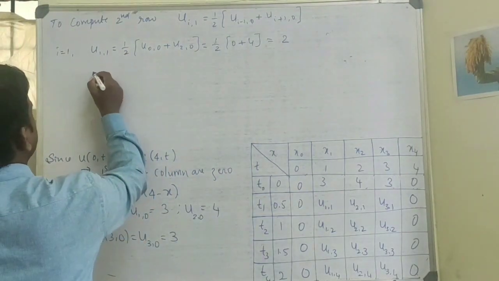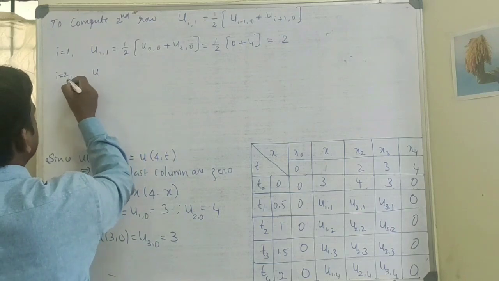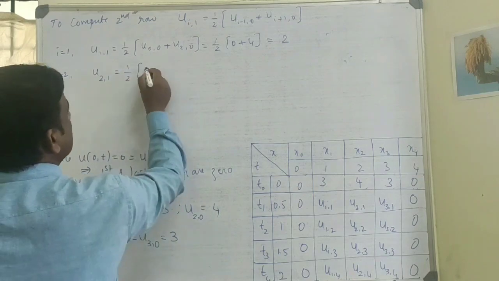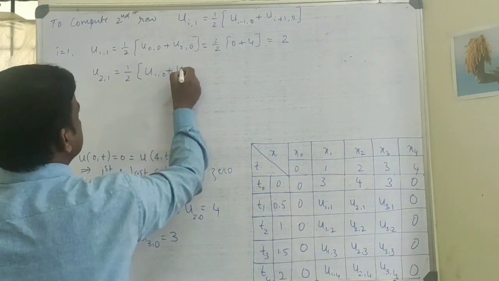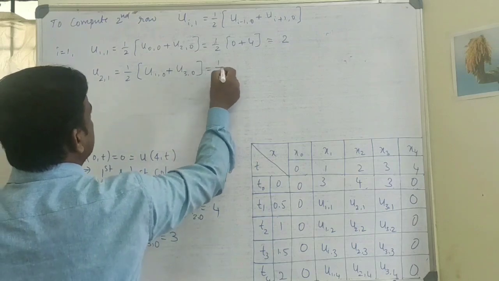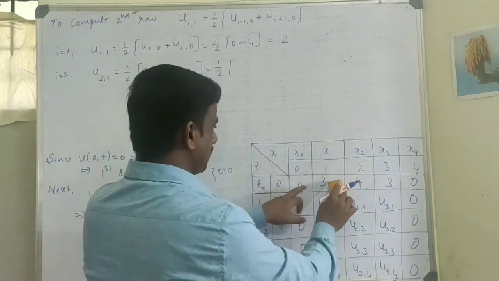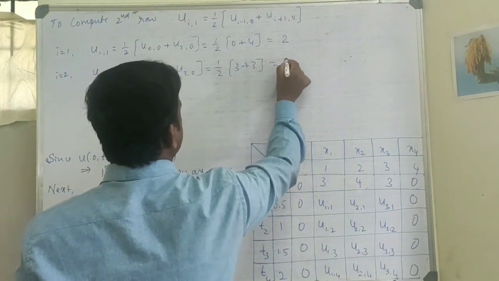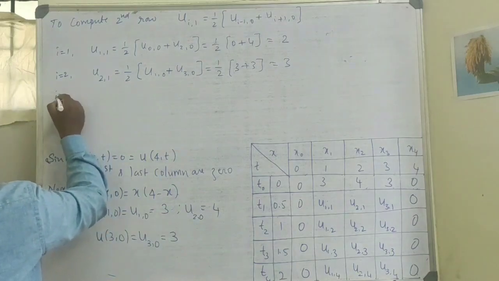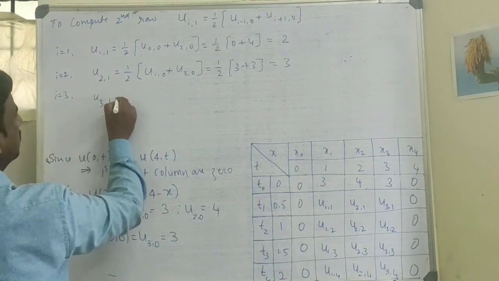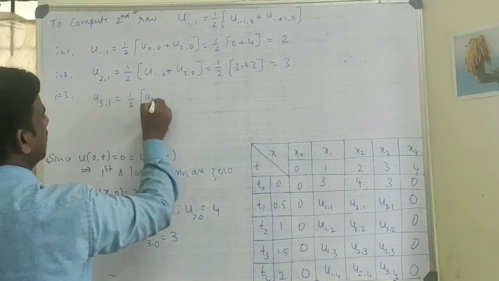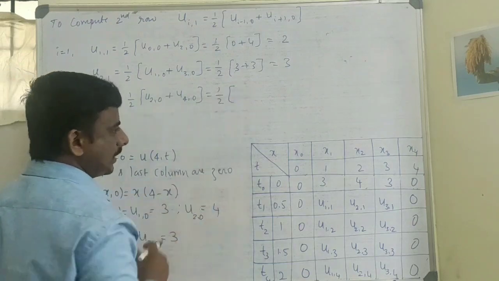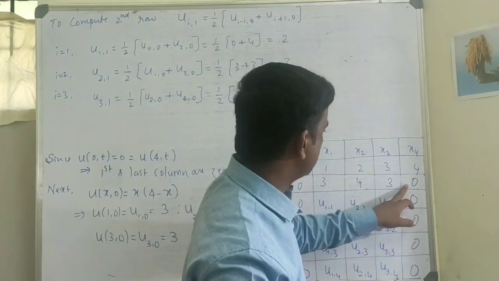Next, taking i equal to 2, u2,1 = 1/2 (u1,0 + u3,0) = 1/2 (3 + 3), that is 3. Next, taking i equal to 3, u3,1 = 1/2 (u2,0 + u4,0) = 1/2 (4 + 0).